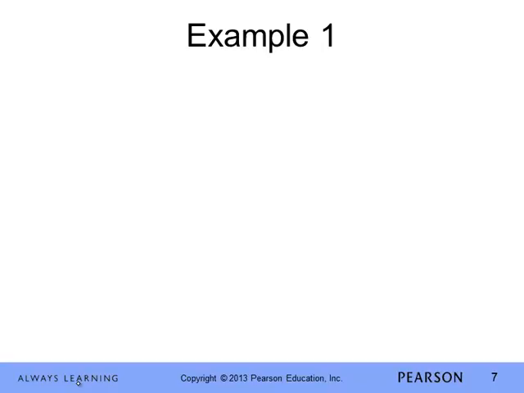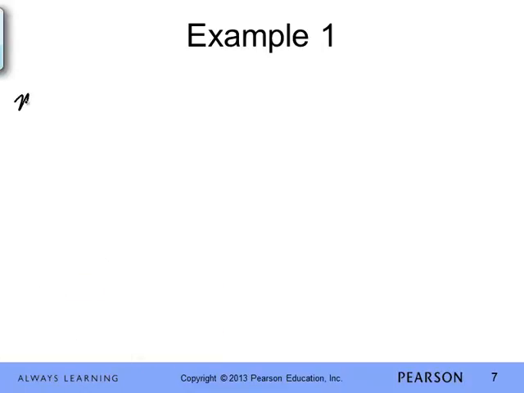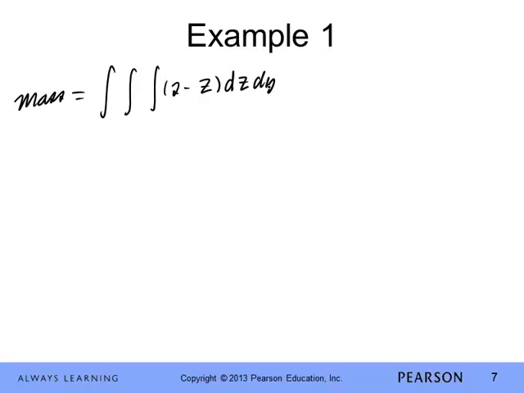So we're calculating the mass, and we calculate the mass by integrating the density function. That density function happened to be given by 2 minus z. And remember, we were integrating with respect to z first, and then with respect to y, and then with respect to x.